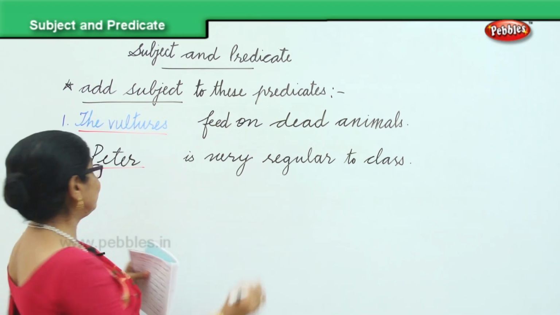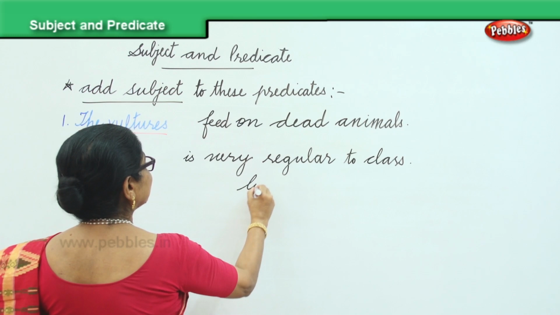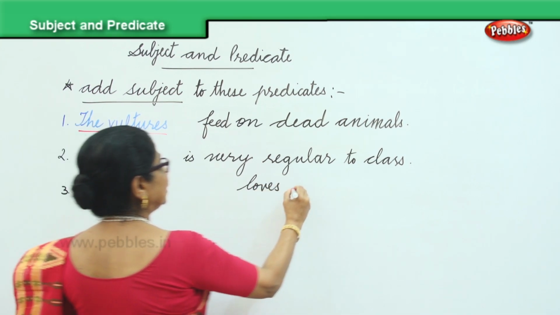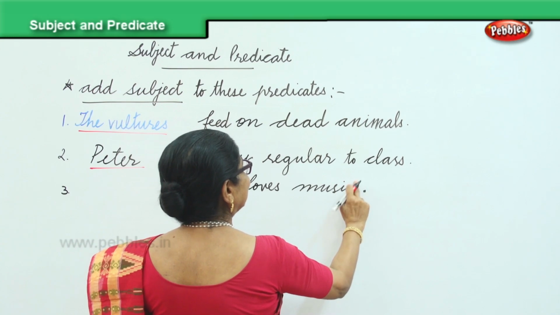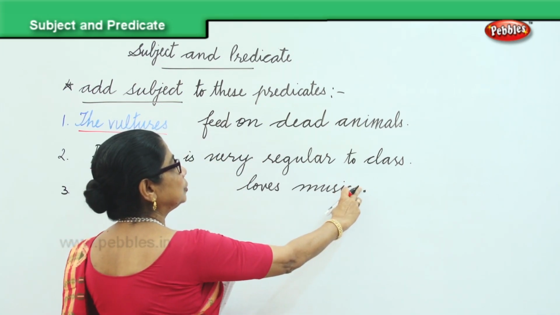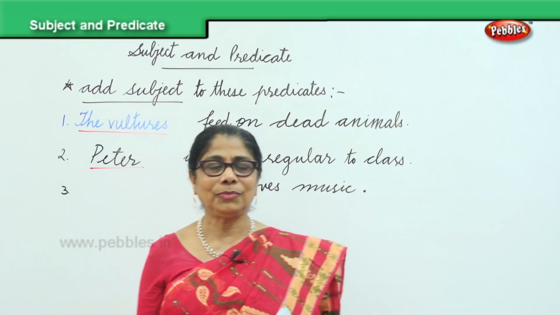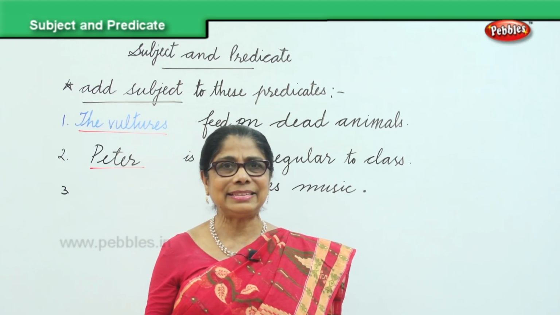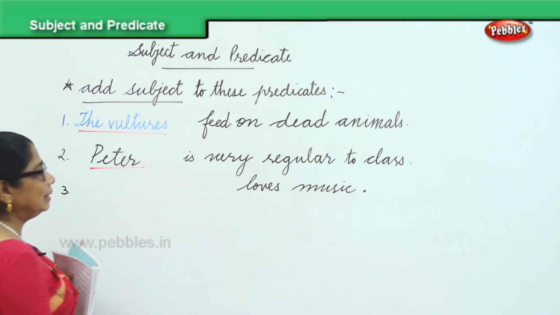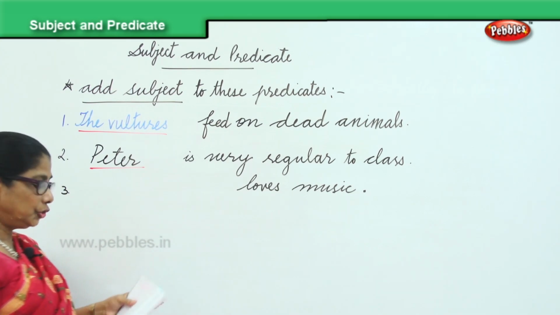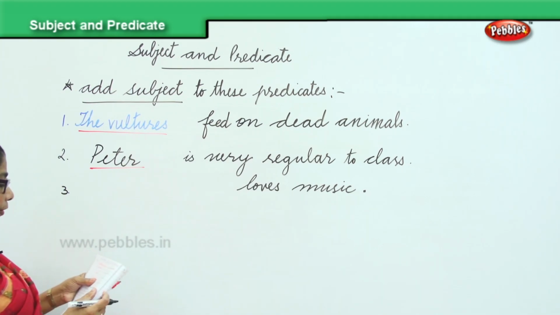Loves music. Who loves music? I've given you the predicate ending with the full stop. Now you supply the subject. You can say Susan and Kathy loves music, Peter and John loves music, whatever you can write.